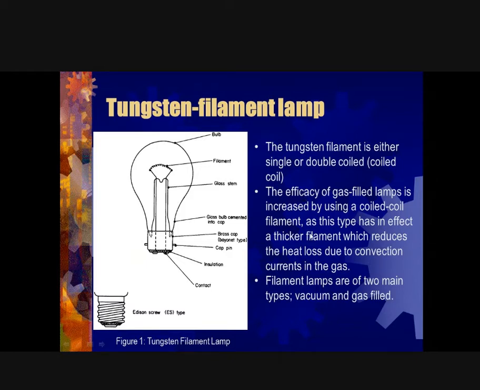Now, to actually increase the efficacy of these type of lamps, normally they will tend to use a double filament. So using a double filament will actually increase the efficacy.